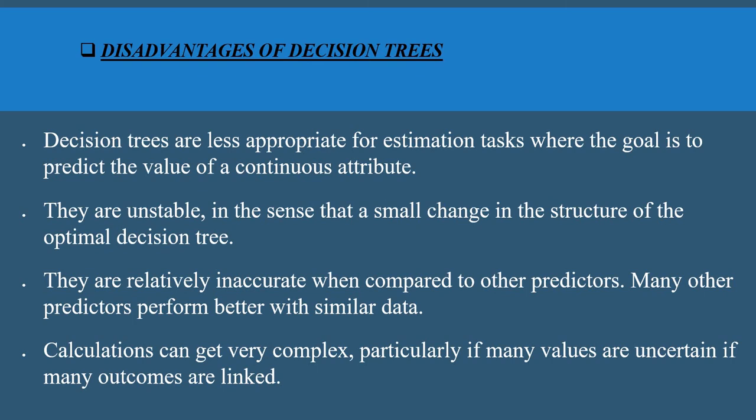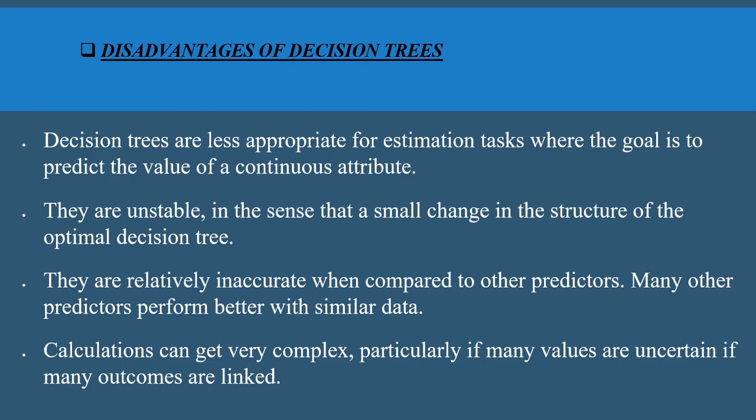They are relatively inaccurate when compared to other predictors. Many other predictors perform better with similar data. Calculations can get very complex, particularly if many values are uncertain or if many outcomes are linked.